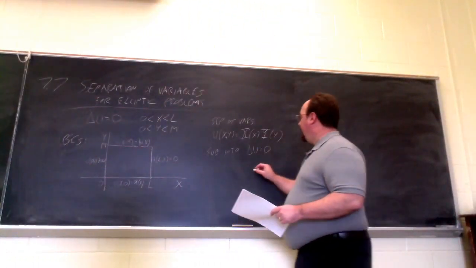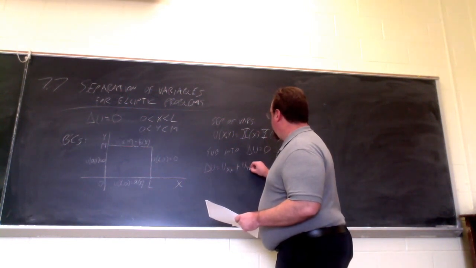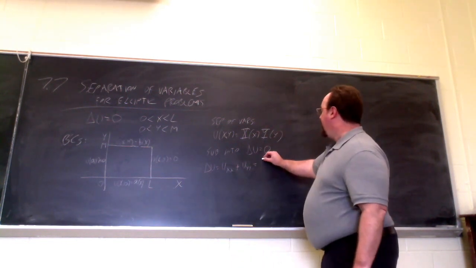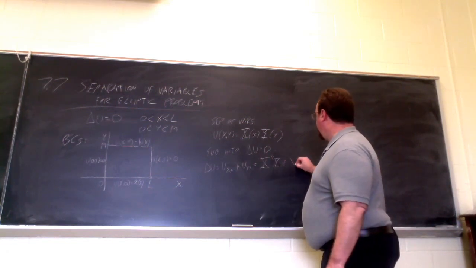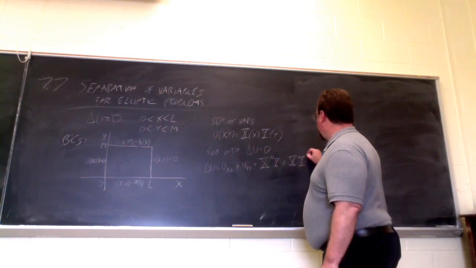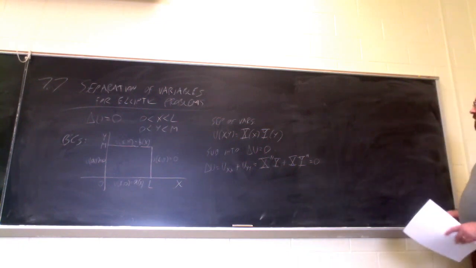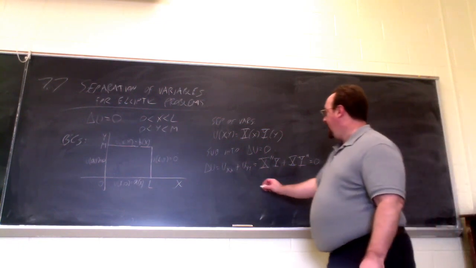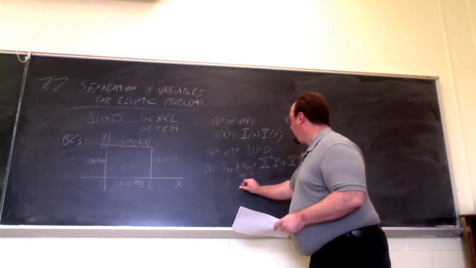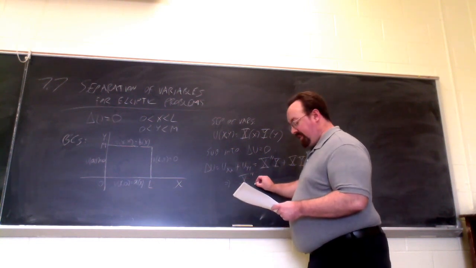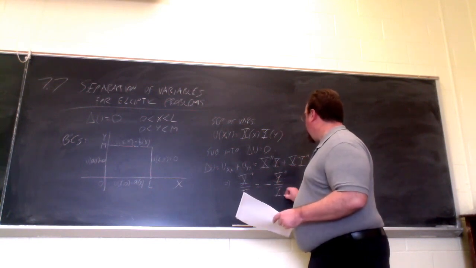Laplacian of u is uxx plus uyy, so that's going to be big X double prime Y plus big X big Y double prime is 0. And then we rearrange. So we get big X double prime over big X equal to minus big Y double prime over big Y.